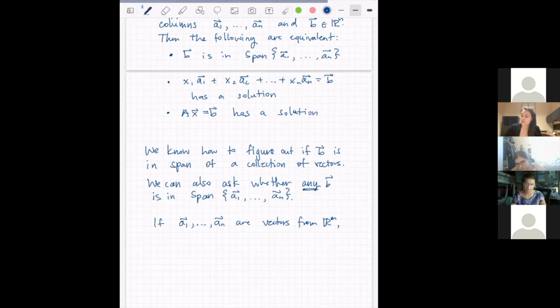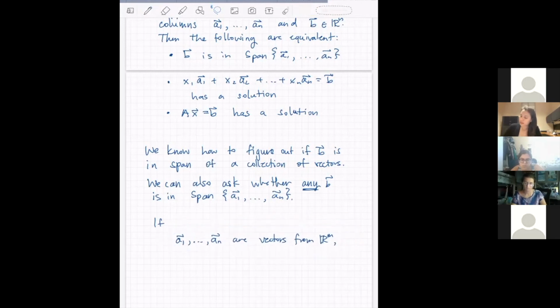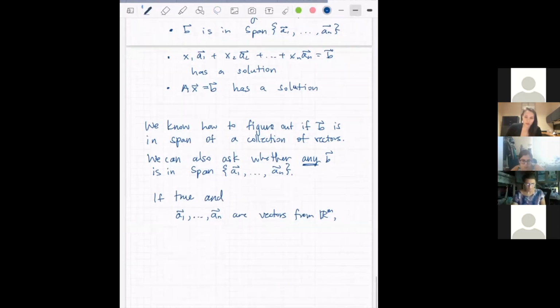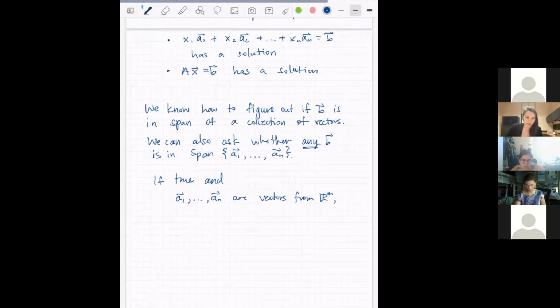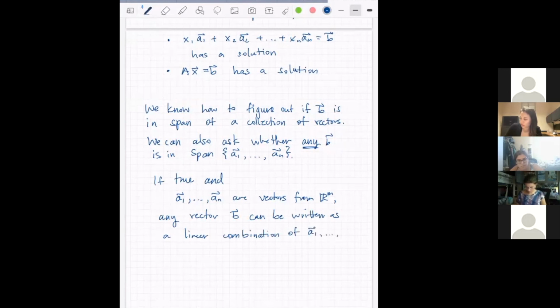Okay, I have to make sense of this. So what I'm trying to say is that if this is true, and A1 up to AN are vectors from Rn and B is also a vector in Rm, that means that any vector B can be written as a linear combination of A1 up to AN.